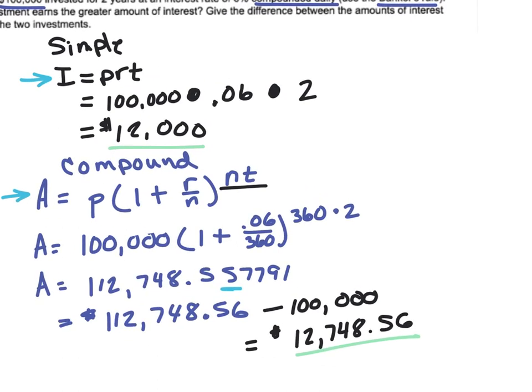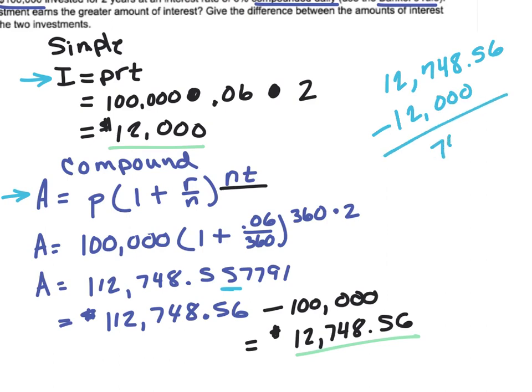So the compound interest method got us $12,748.56, whereas the simple interest got us $12,000. So that is a difference of $748.56. So by using compound interest, we made an extra $748.56.